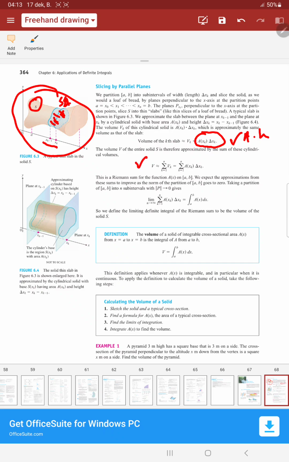Okay, please pay attention to this part. Volume is approximately equal to the sum of those VKs. And instead of VK, we put A times delta x. And the limit of this sum will give us an integral. How do we know that? Like in chapter 5, we saw that the limit of a Riemann sum is equal to an integral.